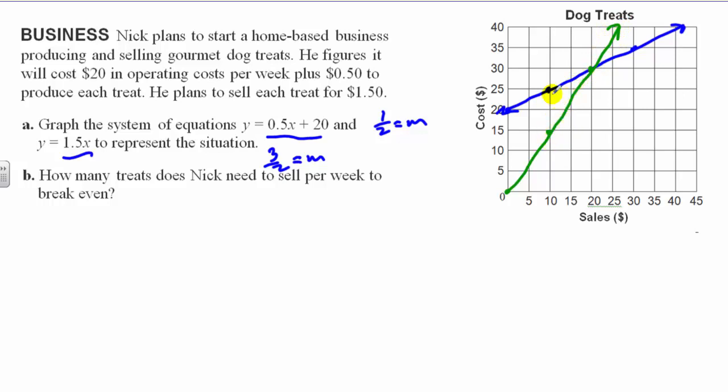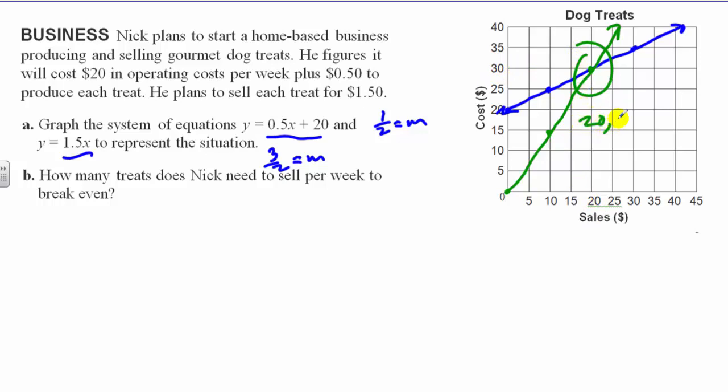And they wanted to know when we're going to break even. And we break even when my number of dog treats, okay, equal a total of $20 in sales, all right, and the cost in cash, or these are the dog treats, is 30 bucks.